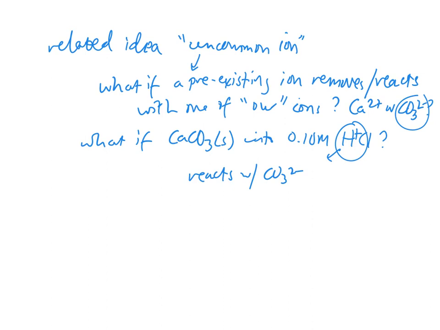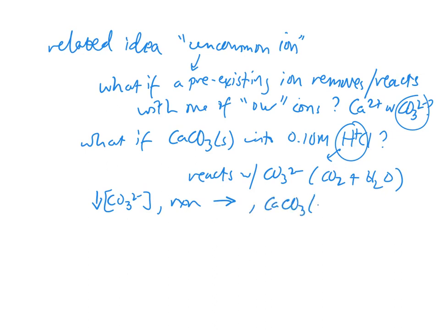And you may recall that when it reacts with carbonate, it bubbles and fizzes, so they become CO2 and H2O as a result. And because they're doing that, they're going to use up CO3 2-. So CO3 2- goes down, and when it goes down, the reaction keeps shifting to the right to put it back. So actually, that causes calcium carbonate to be more soluble.